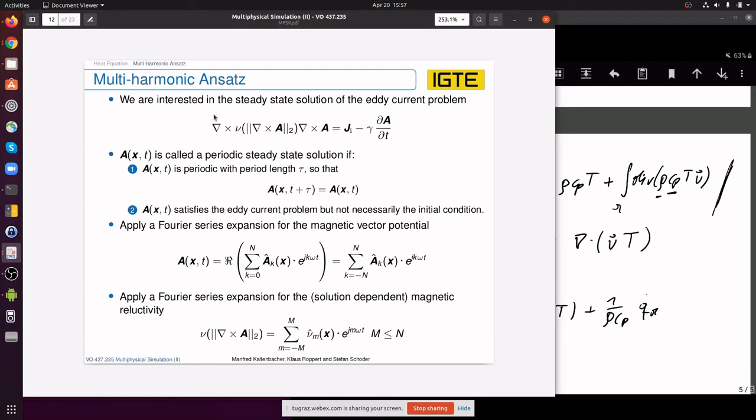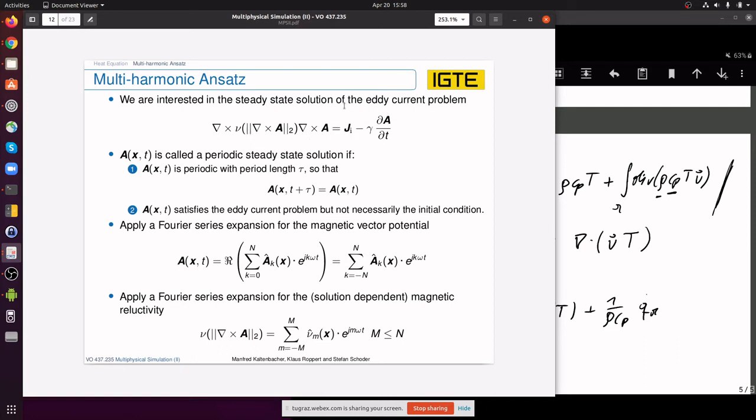So we're starting off with the classical curl problem here, with a solution dependent reluctivity. This magnetic reluctivity depends on the magnitude of B, and we also have the eddy current part. So that's the eddy current problem with a prescribed impressed current density.